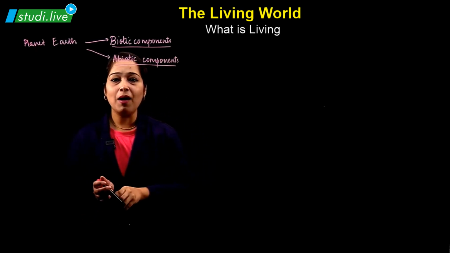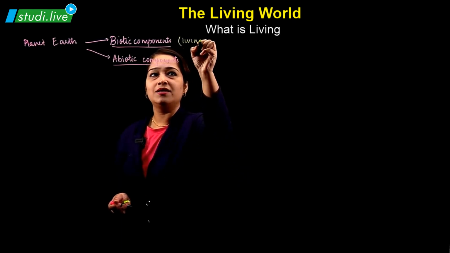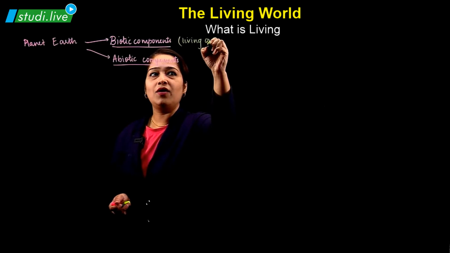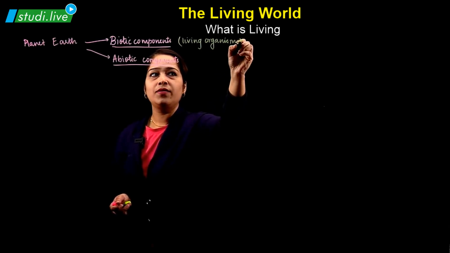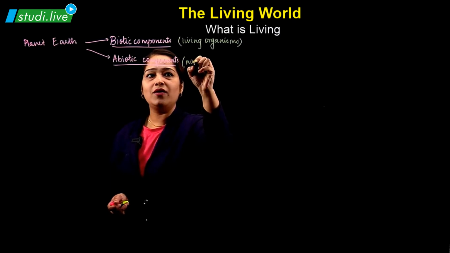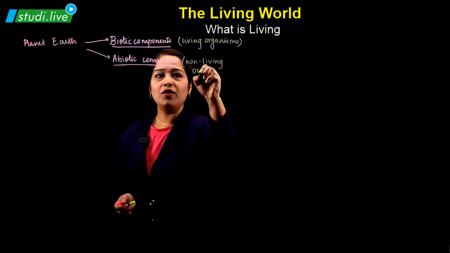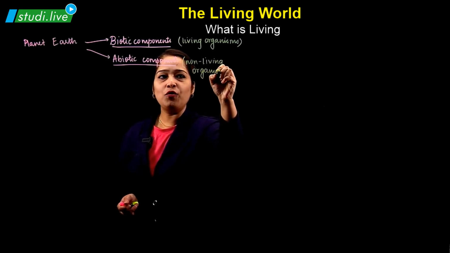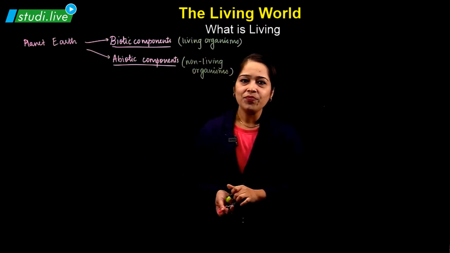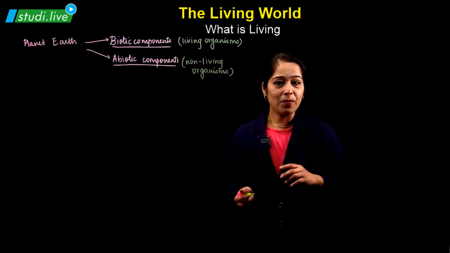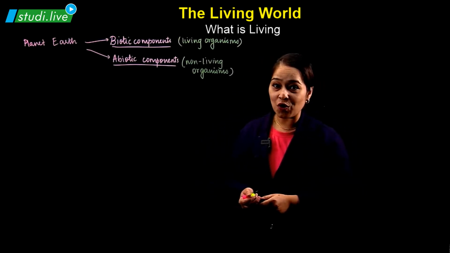So when we say biotic, they are the living organisms. And when we say abiotic, they are the non-living organisms. So have you ever thought what is the criteria by which we can say a particular organism is living and a particular organism is non-living?